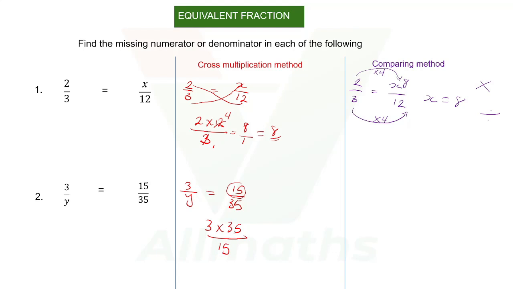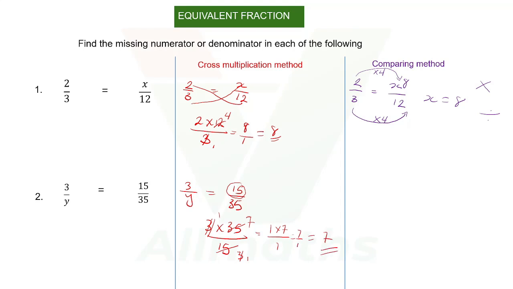Remember, any number that ends with 5 is divisible by 5. That means 5 can divide 35 and 5 can divide 15. 35 divided by 5 is 7. 15 divided by 5 is 3. Then 3 can divide 3 here, and 3 can also divide 3 here. 3 divided by 3 is 1, 3 divided by 3 is 1. So we are left with 1 multiplying 7 over 1, 7 times 1 is 7, divided by 1.